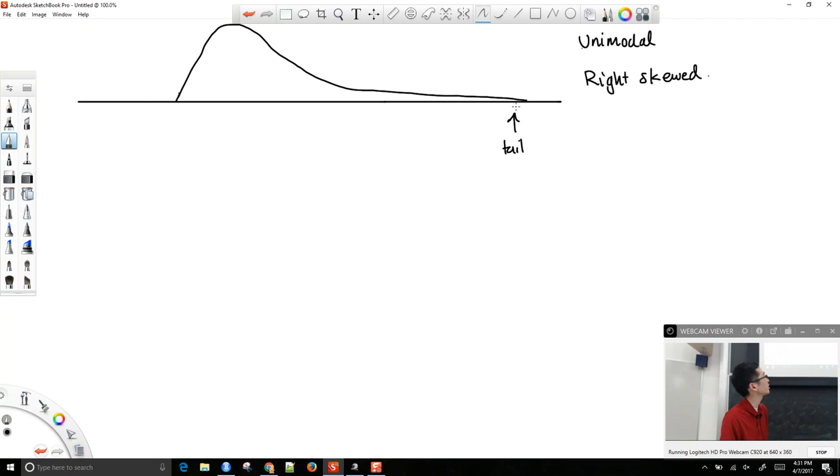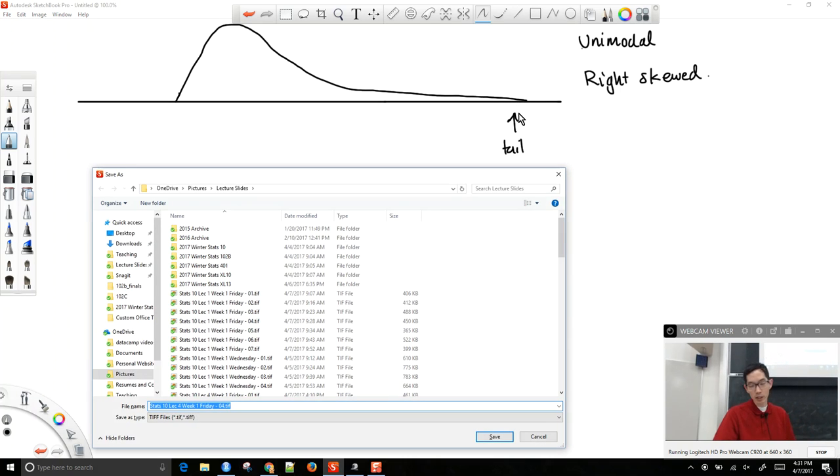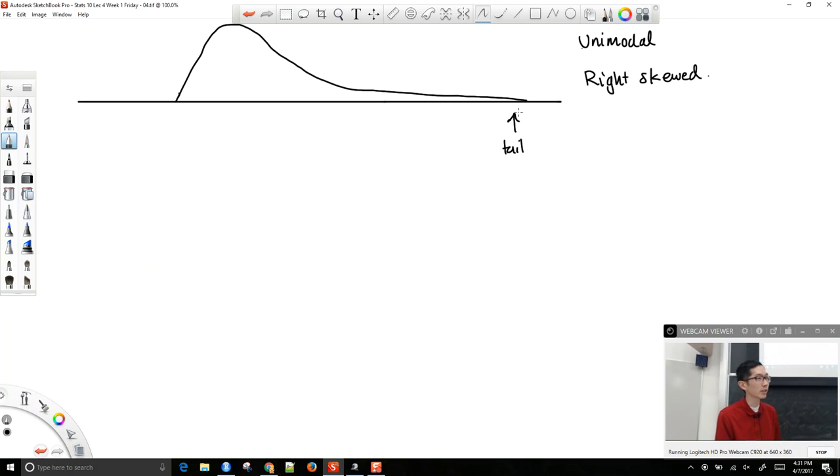Or if you want to remember it, if we were going to use this to skewer something, skewer some meat or whatever, you would use the right side. The right side has the pointy end. And so the idea here for right skewed data is that most of our data is in this zone. Most values are here.